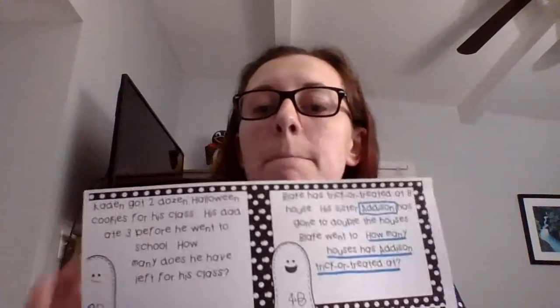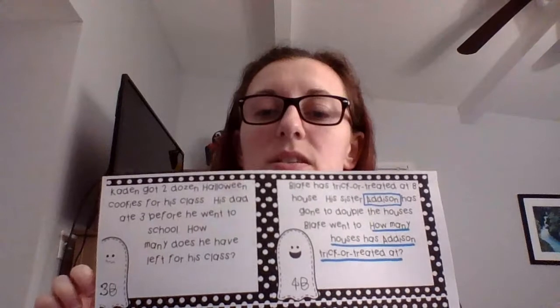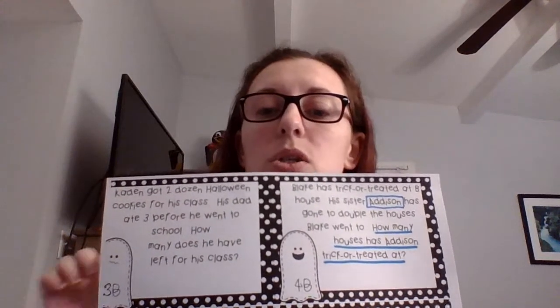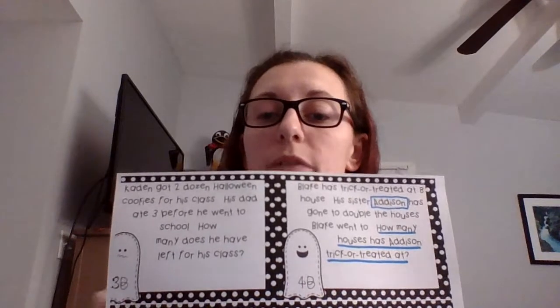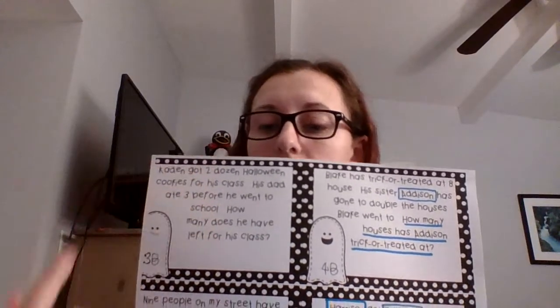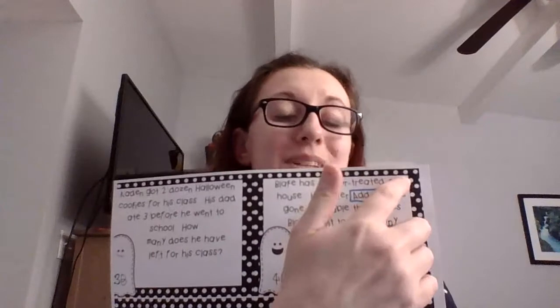And so I'm going to put a box around Addison because that's what we want to find. And it gives us the answer, but it doesn't tell us the number because it says his sister, Addison, had gone to double the houses that Blake went to. So we have to look at Blake's number, which was 8.